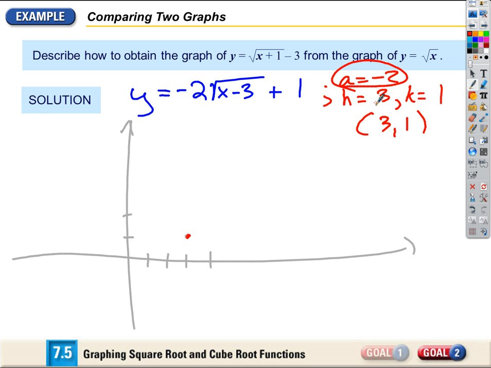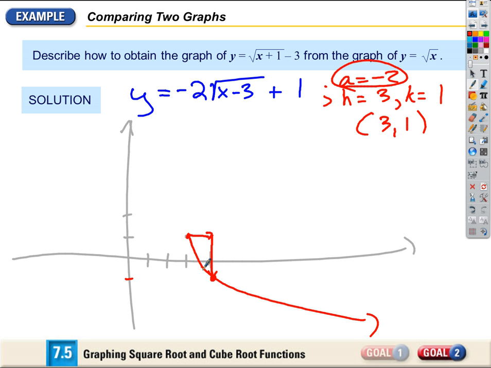So what's that telling us? That's telling us that if we go over 1, we're going to go vertically -2, right? So if I go over 1, I'm going to go down 2. And so there's my second point. And I know this thing is going to look like that. Okay. That's what I would call the shortcut. Instead of having to graph it twice and shift the whole thing, we're just going to shift the starting point and graph it once.